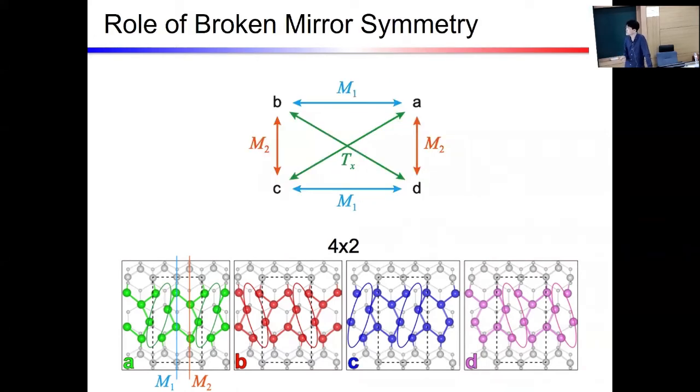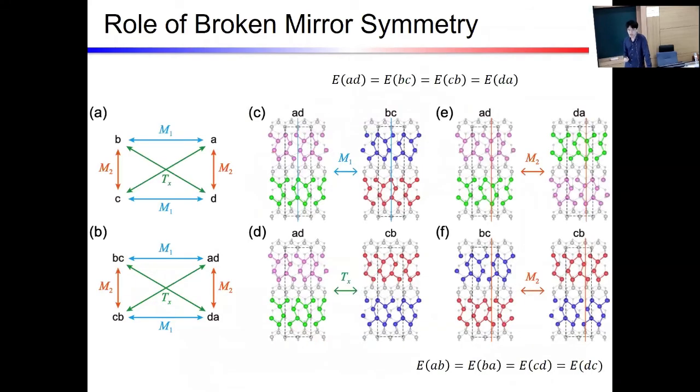So we summarize it here. A can transform into B through the M1 mirror plane, and D is realized through M2. And we also use a half translation along the chain, where A and C have the same shape but different positions. So we can move with a half translation, and it becomes C. So A is connected by the half translation. Then we formed this symmetry operator map.